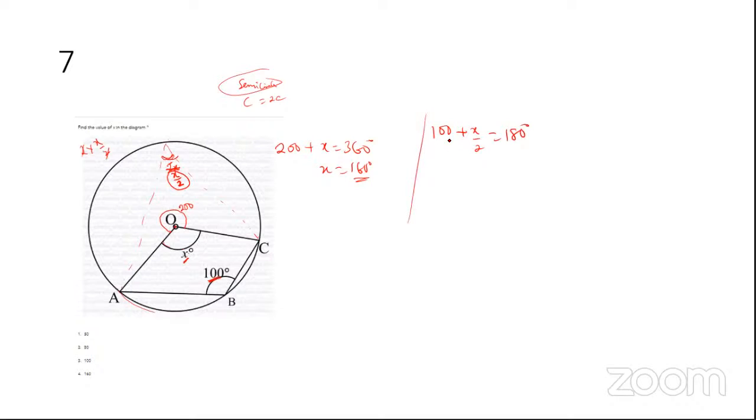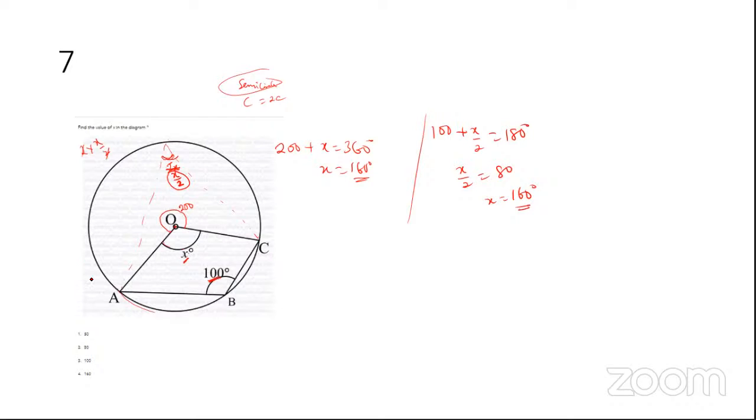In this case, we realize that x over 2 is equal to 80 and x is equal to 160. So whichever method you use to solve that particular question, either of the two methods is correct. So that is what you can try to do.